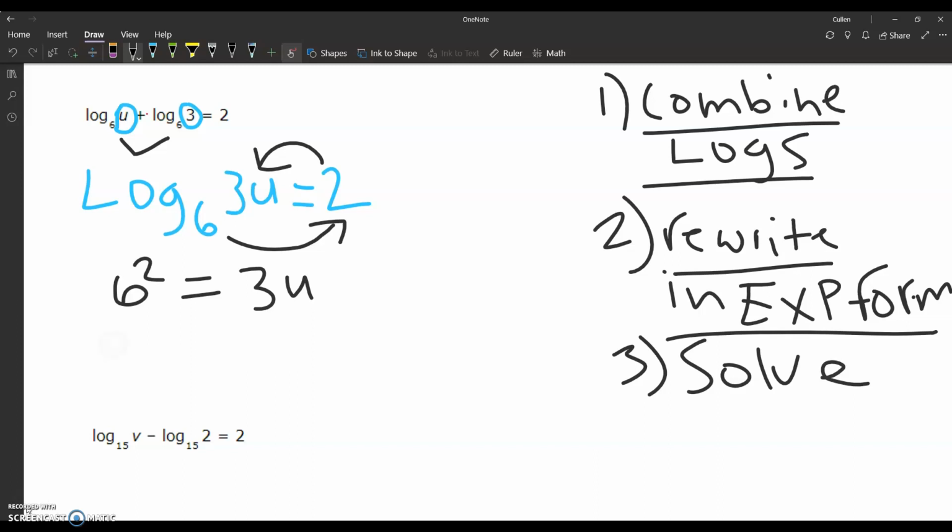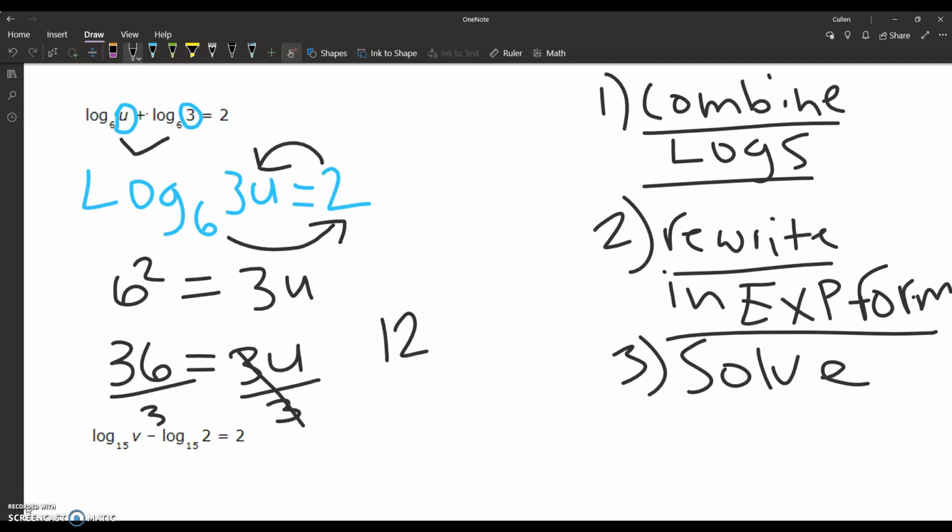So 6 squared is 36, and 3u is 3u still. And then you finish solving by dividing by 3. So 36 divided by 3, these 3's cancel, which is what you wanted, gives you 12. So your answer for this one is 12.